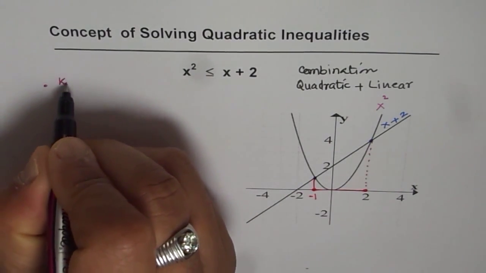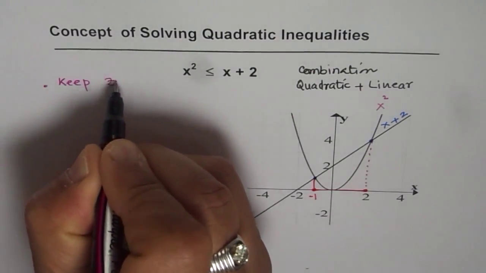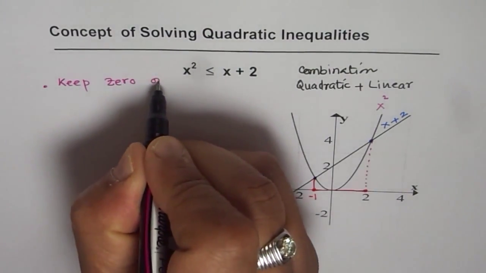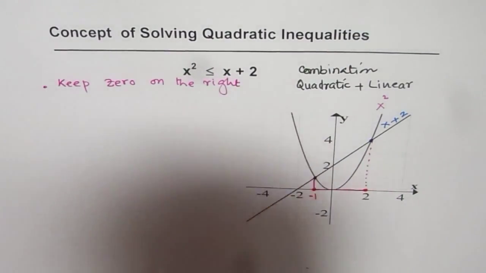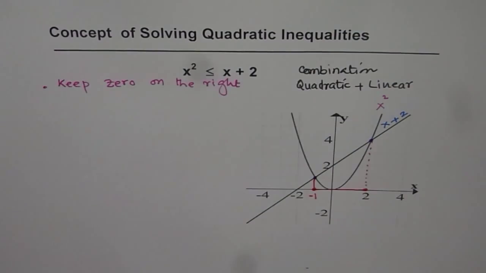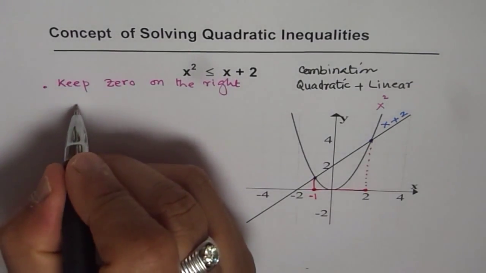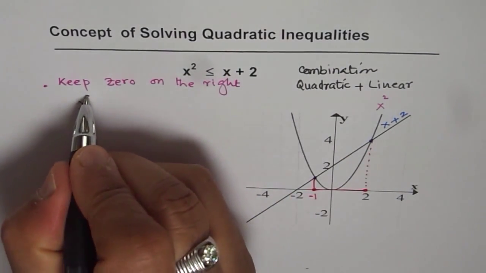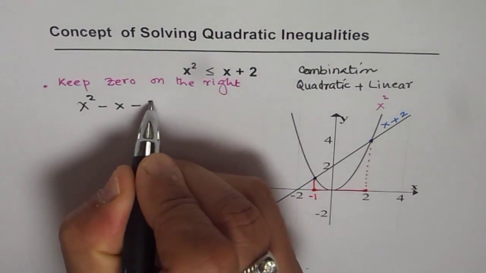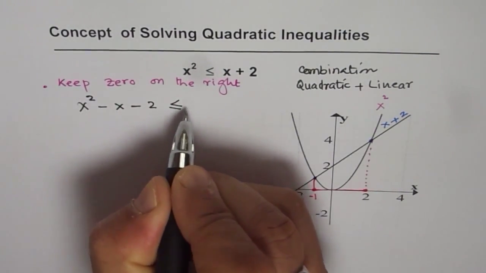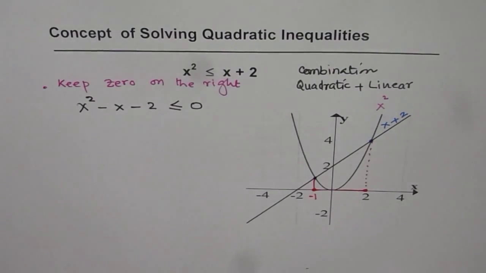So bring all the things to the left, which is x squared minus x minus 2 less than or equal to 0. Just bring them all to the left side.